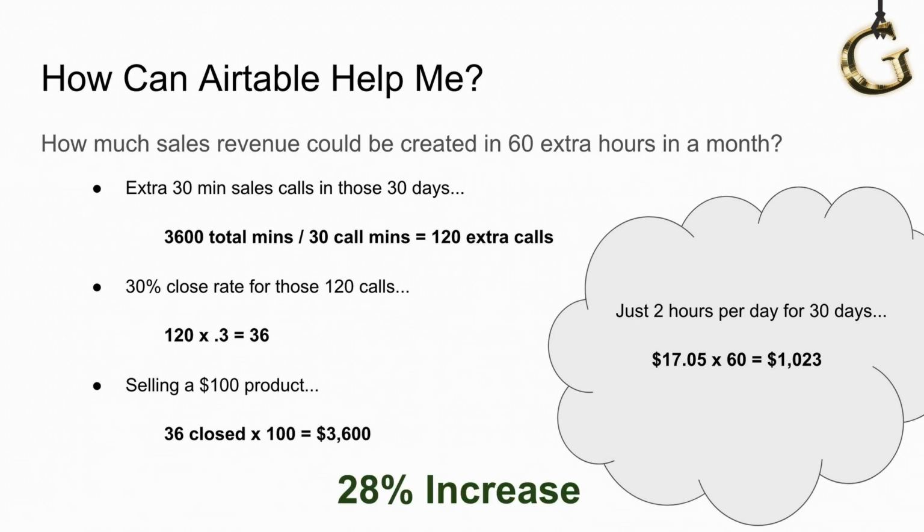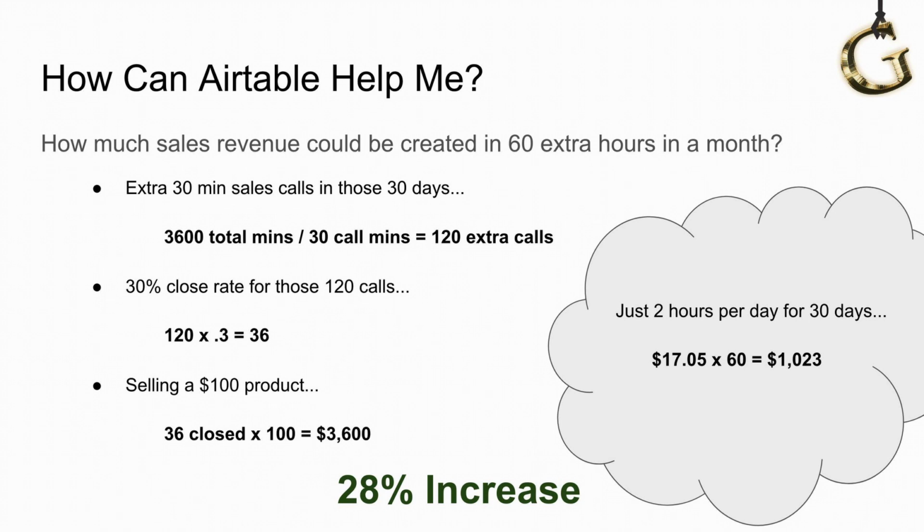That's a 28% increase. Or you're doing almost a third more revenue just by eliminating 2 hours a day with an average close rate, and you're doing almost a third more revenue in the same 30-day period of work. How crazy is that, right?